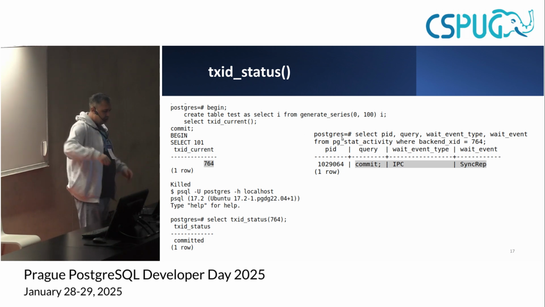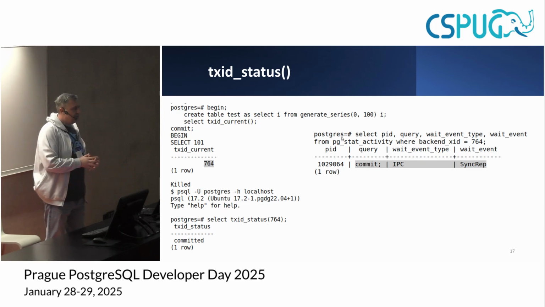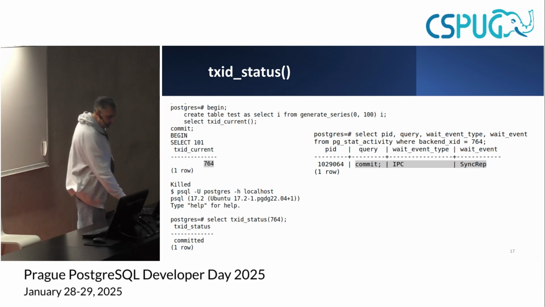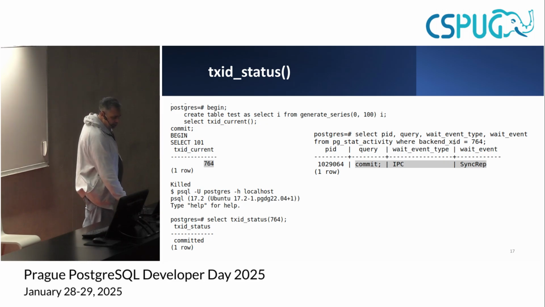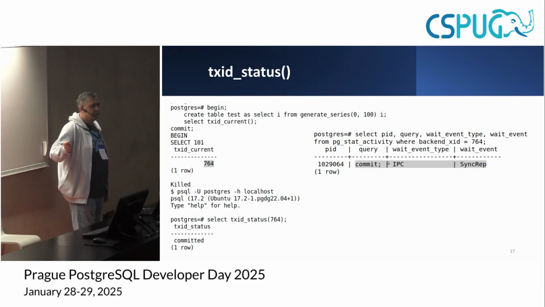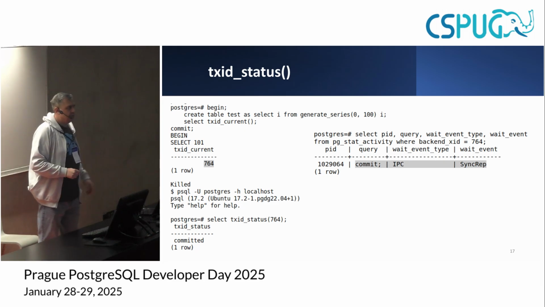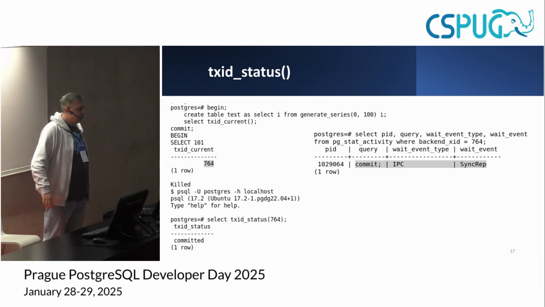In a separate connection, we can check in pg_stat_activity what is going on with this transaction, and we can filter it by backend_xid. And what's interesting, it will tell you that it is waiting for synchronous replication. And this is still the configuration from one of the previous slides with an unknown synchronous standby.